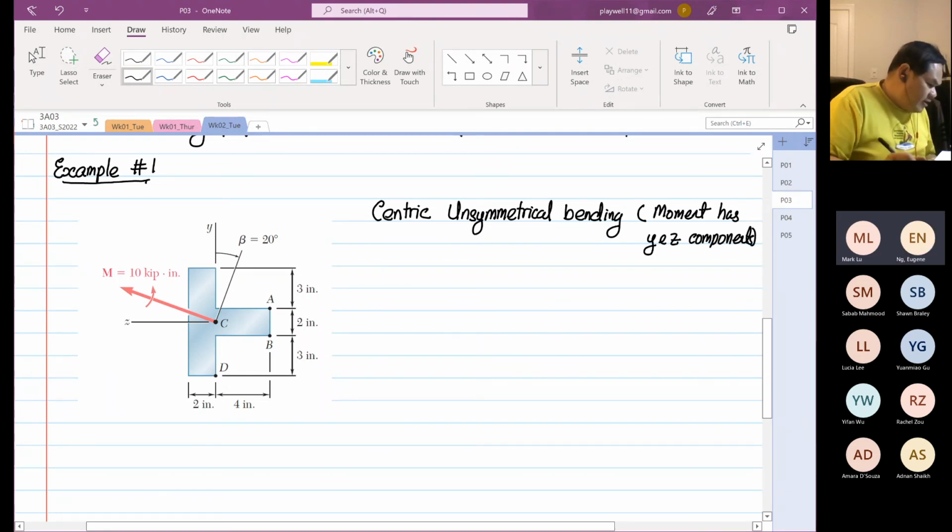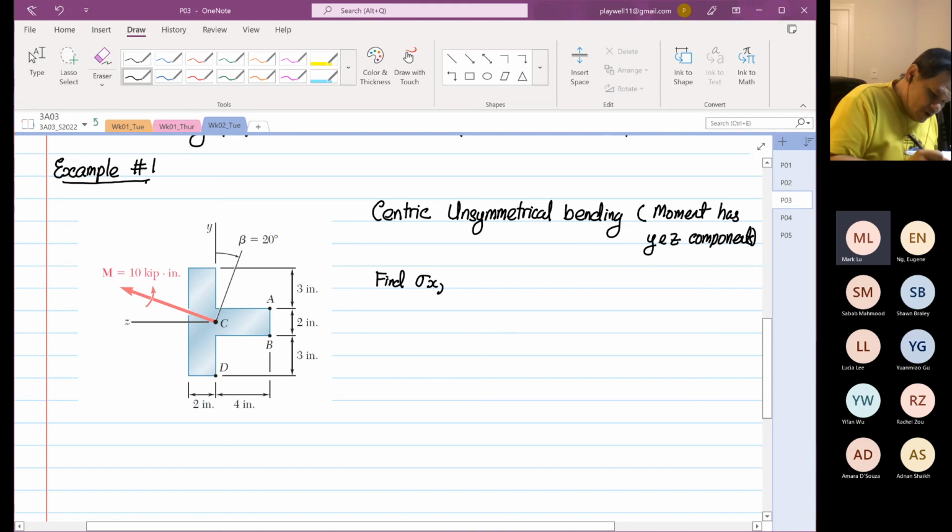What we want to find is the normal stress at point A, normal stress at point B, and normal stress at point D.